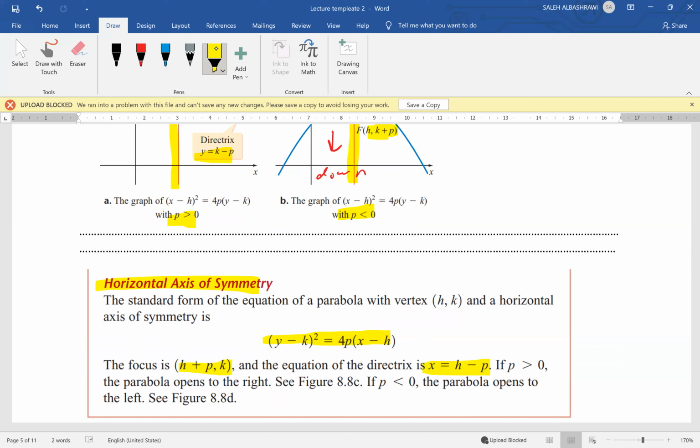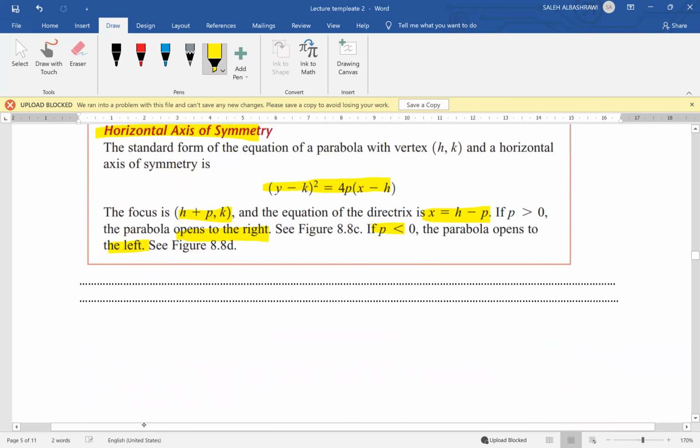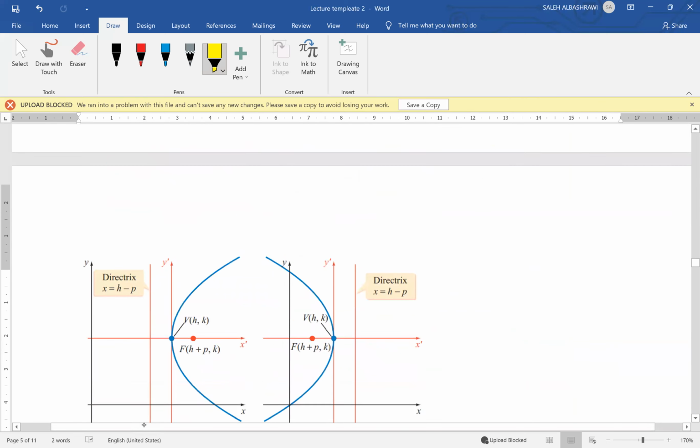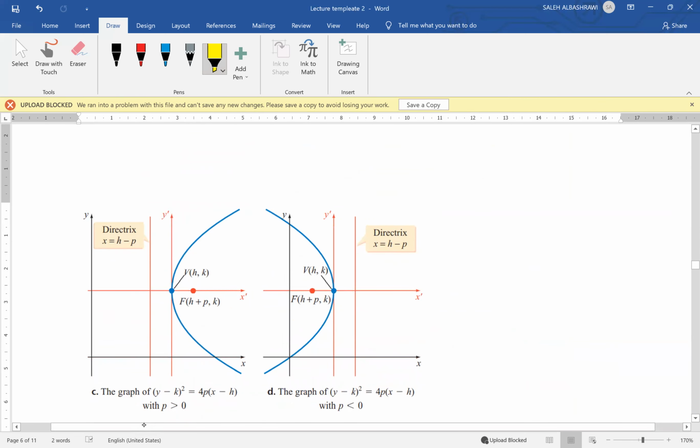If p is greater than 0, then we have a parabola open to the right. If it is less than 0, the parabola opens to the left. This will be similar to this figure. The axis of symmetry, this line, is horizontal, parallel to the x-axis. If p is greater than 0, it will open to the right.